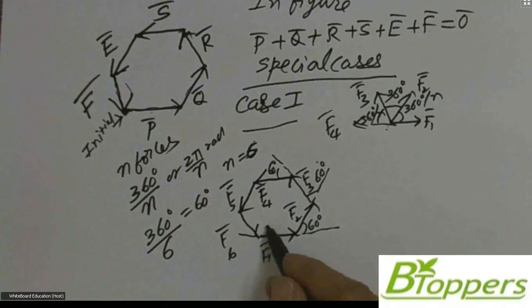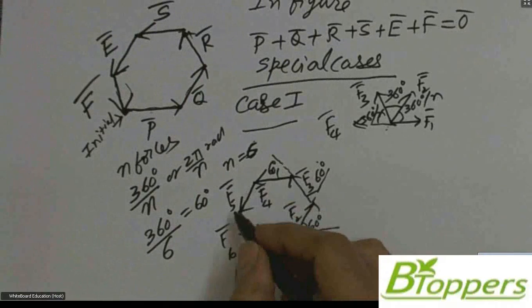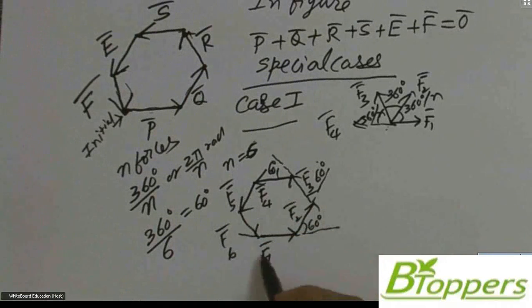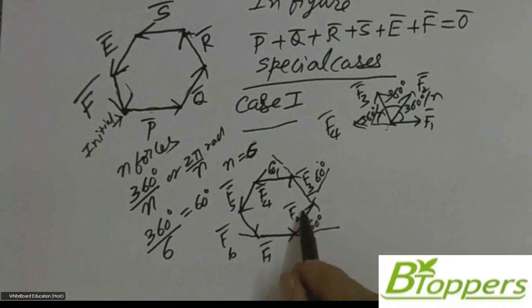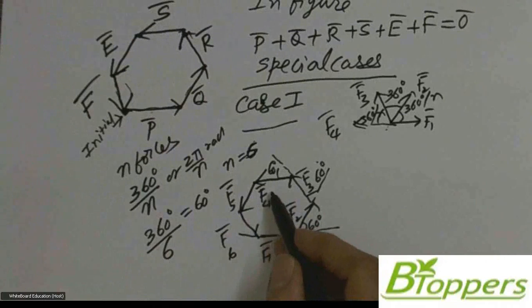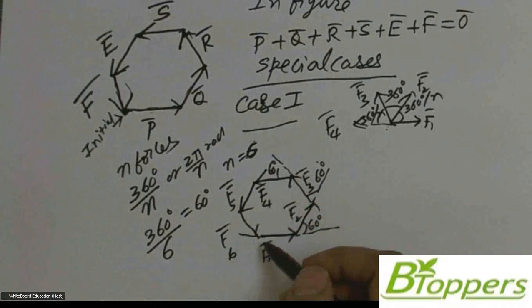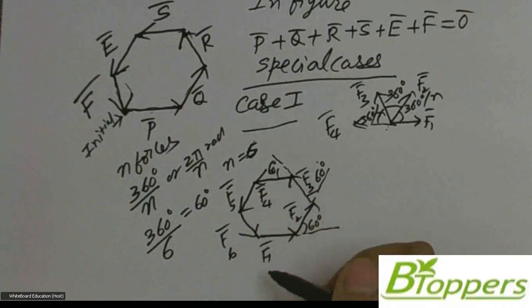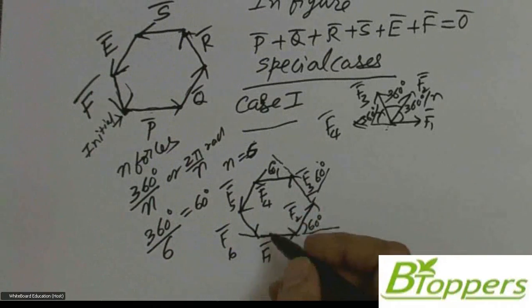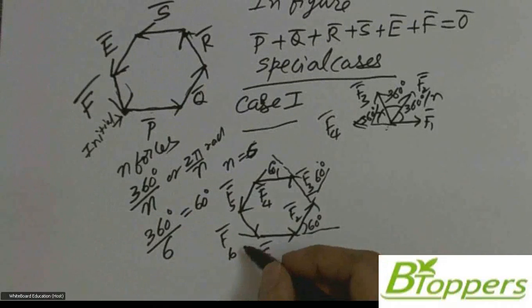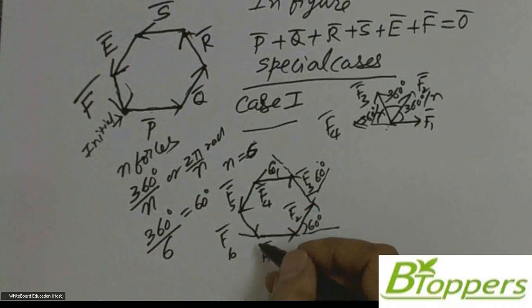So here, all the 6 forces have the same magnitude in the given figure, and each force makes an angle of 60 degrees with the previous one. In such cases, the 6 forces can be graphically represented along the 6 sides of a regular hexagon, all taken in the same order. Then the magnitude of the resultant will be 0.